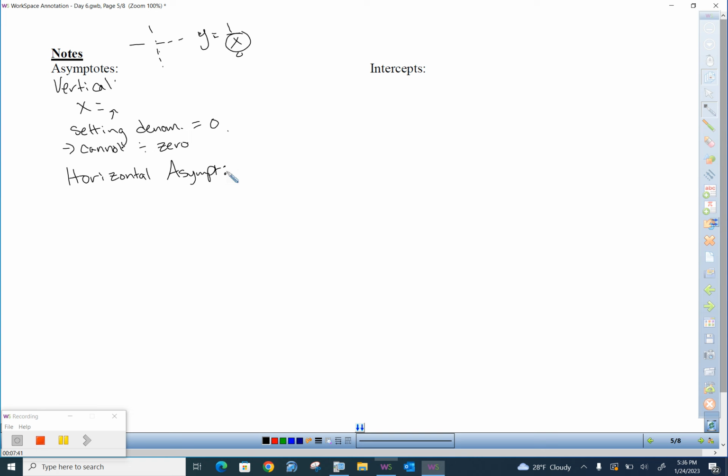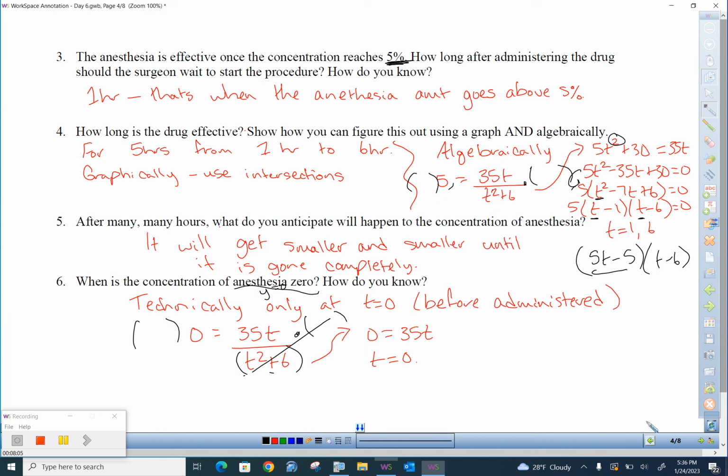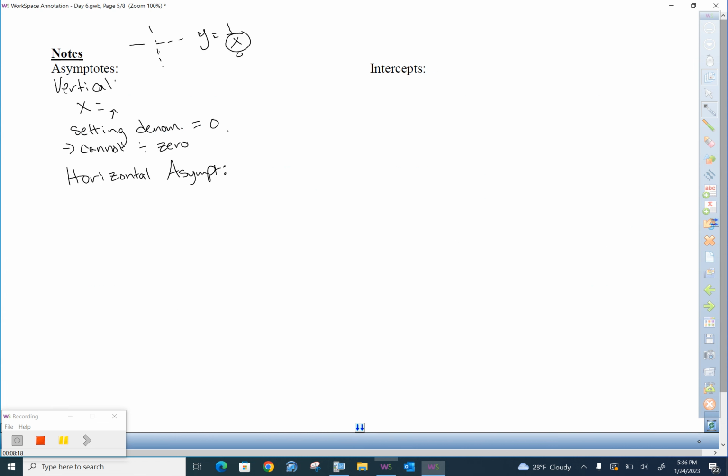When we talk about fractions with rational functions, we could have a constant on the top, but there's no guarantee that there is. If we go back to the equation that you were given, it had a 35t, which is a line on top, and a t squared plus 6 on the bottom, which is quadratic. So in this case, our powers didn't match up. Same thing with 1 over x, the powers don't match up.